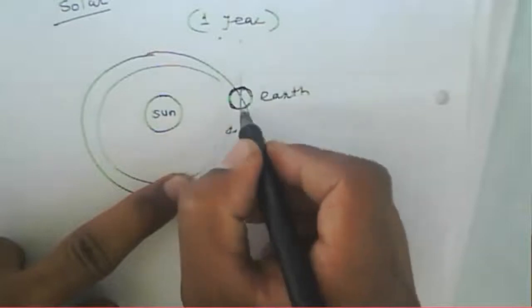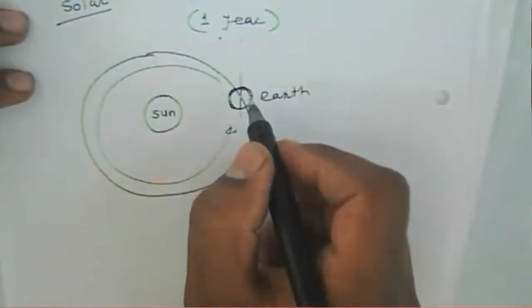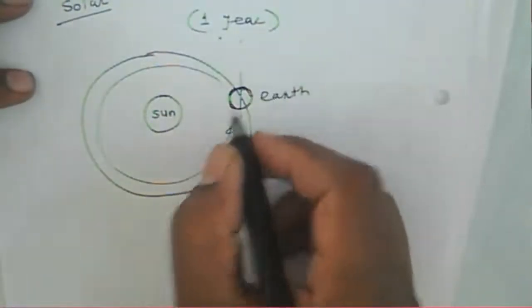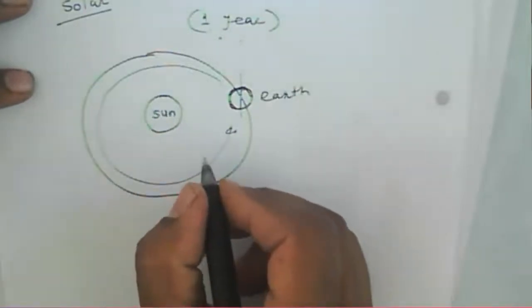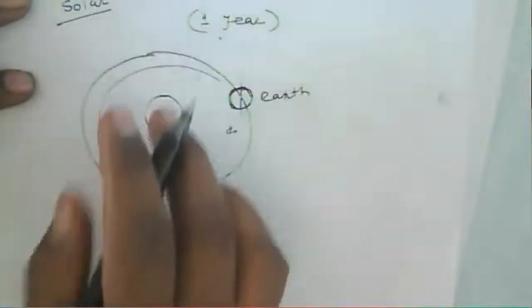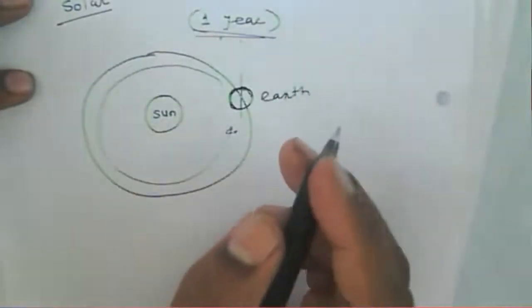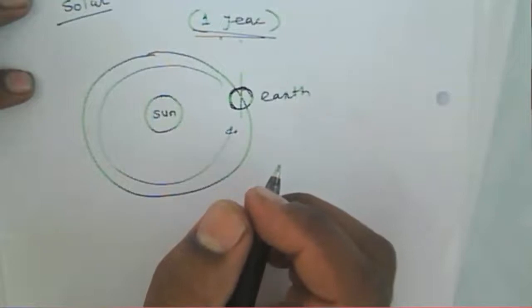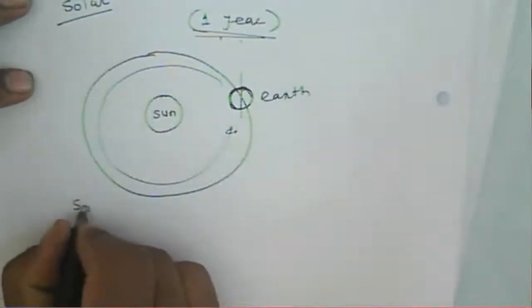Now the Earth is also rotating around its axis, and it takes a complete revolution. This one is about the solar calendar year, or solar year. We say 1 year.